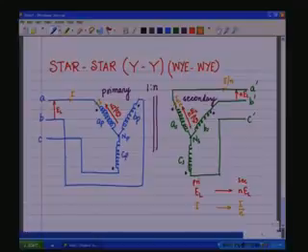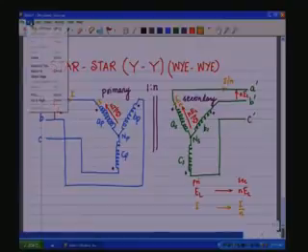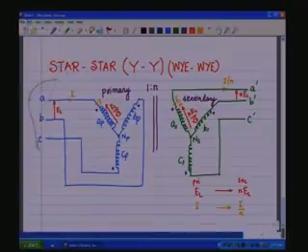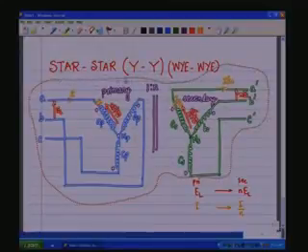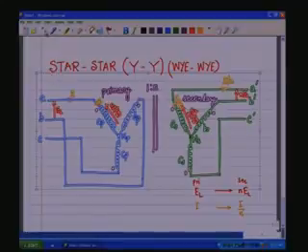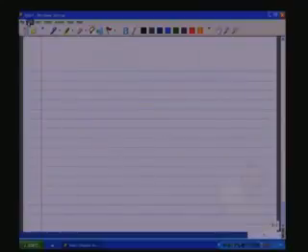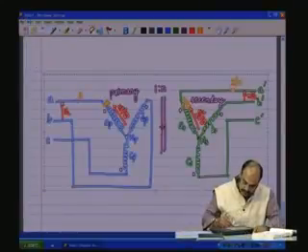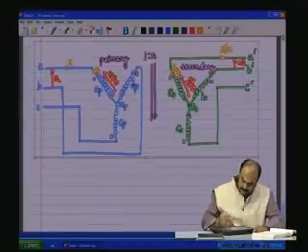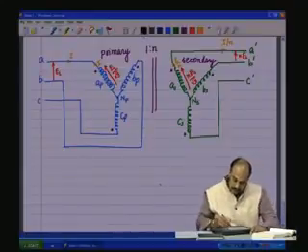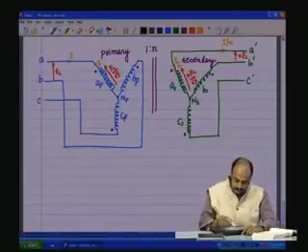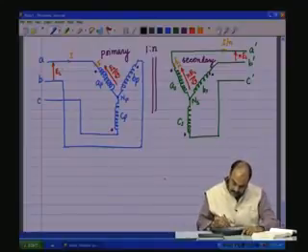Now, what about the phasor relationships? So, the phasor diagram for the star star is like this. Let us first copy, go to the next page, and paste that. Let me start with the secondary side.